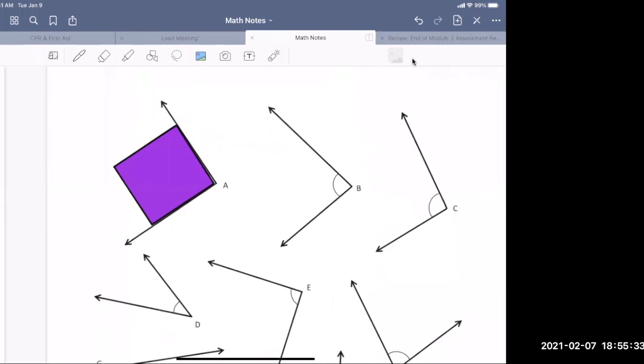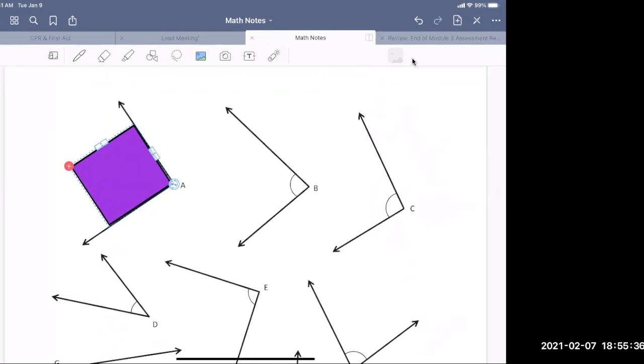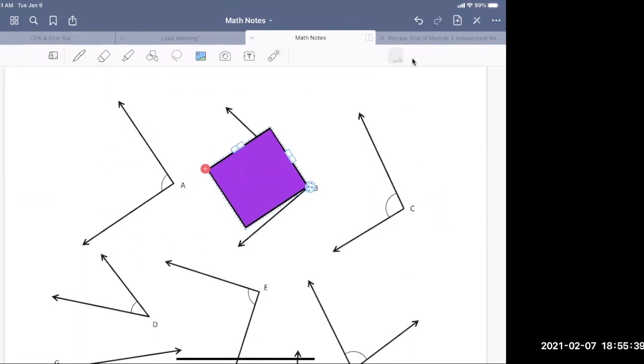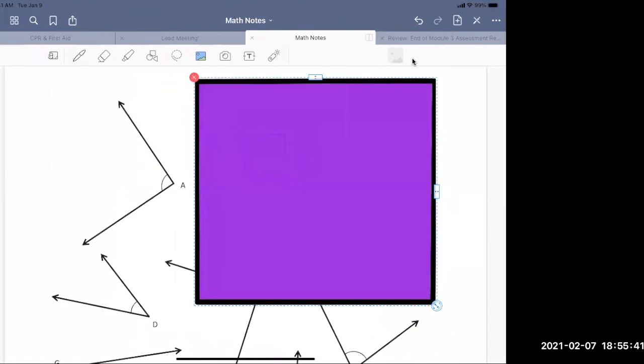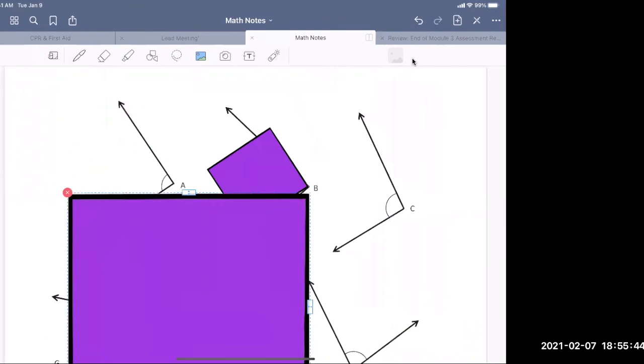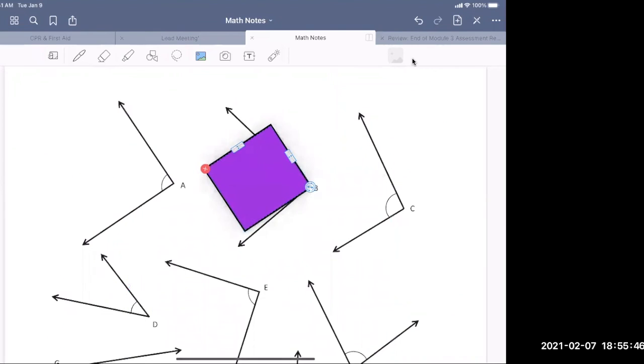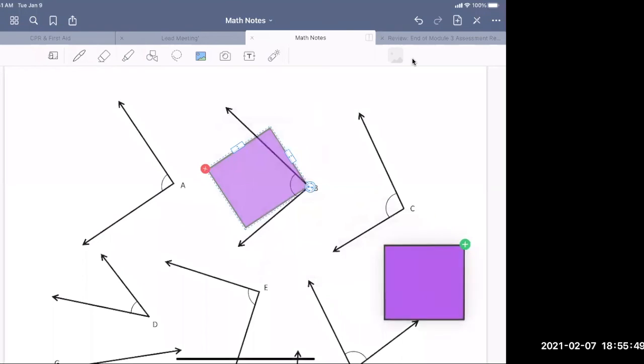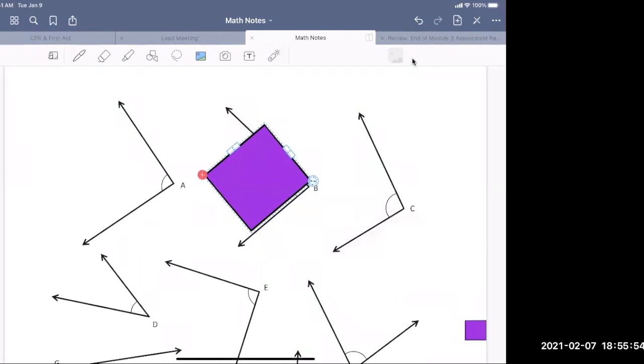They meet right there. Now we're going to try it on this one. We want to make sure at least one side of our square is lined up with the side of your angle. We can see here that this angle is less than a right angle because the line does not line up directly with our square, whereas this one did.